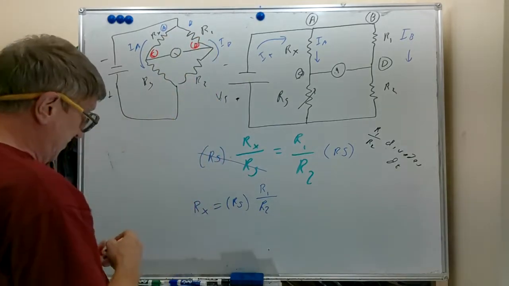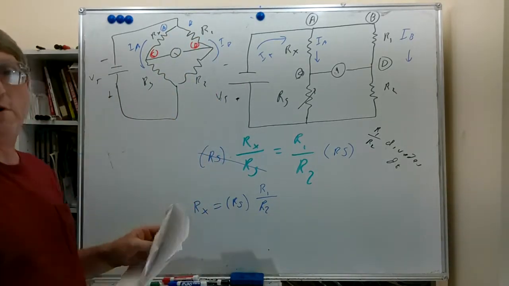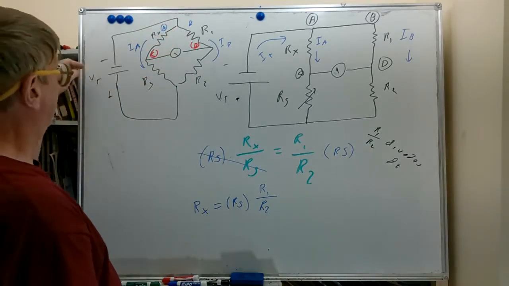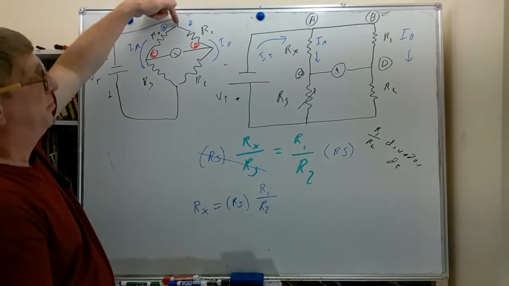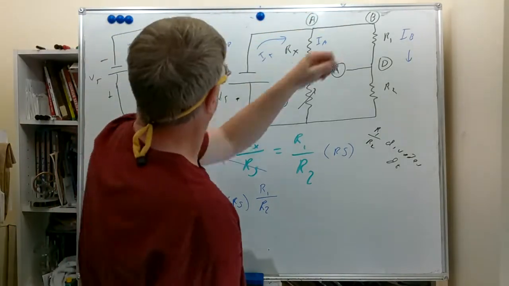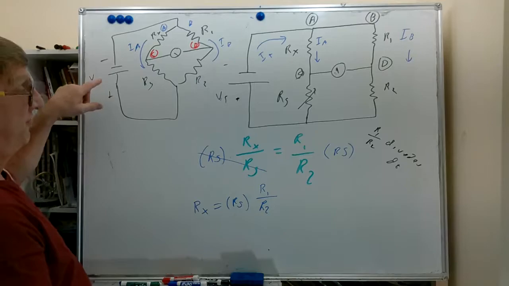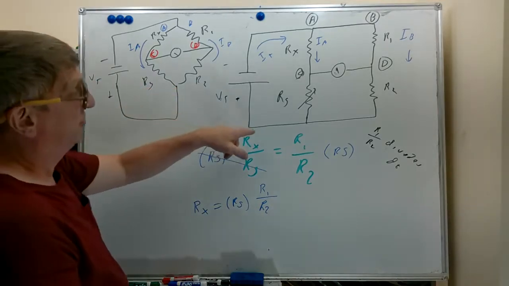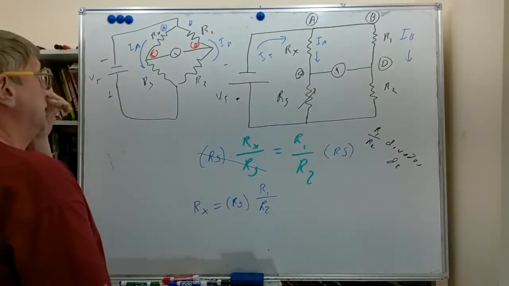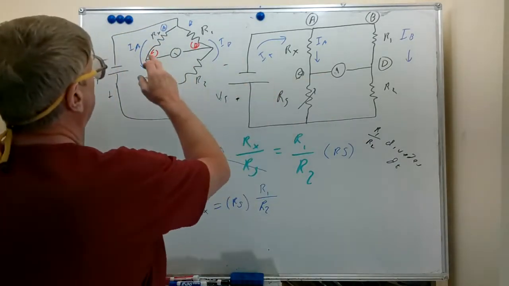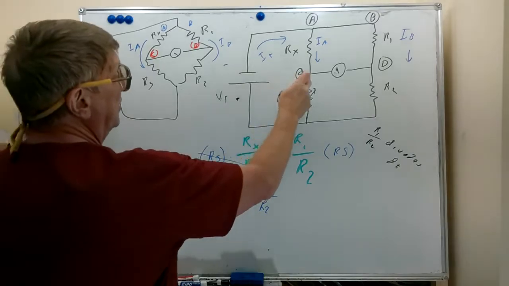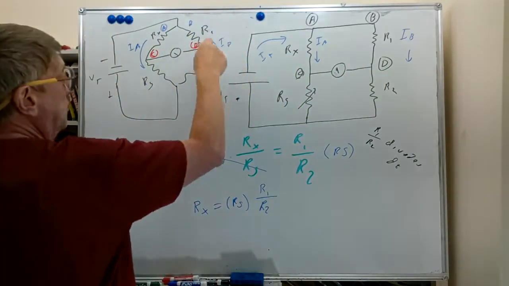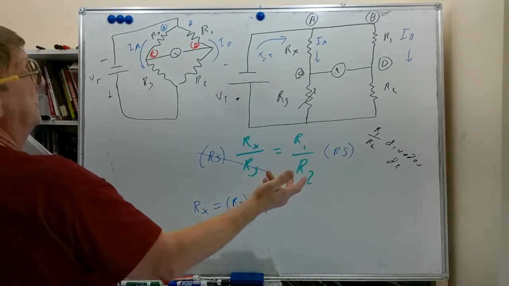Now this is exactly the same circuit, just drawn in a way that you're apt to see it with this diagonal square. We have the negative going to the junction of RX and R1, just like here. We have the positive, the other side of our power supply, going to the junction of RS and R2, just like we do here. We have our meter between point C and D, and point C is the junction of RX, RS. Point D is the junction of R1, R2 in both drawings.